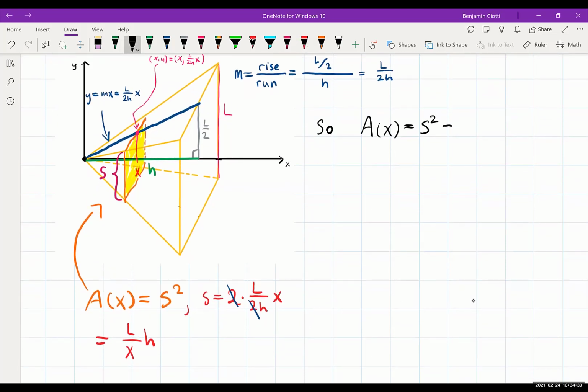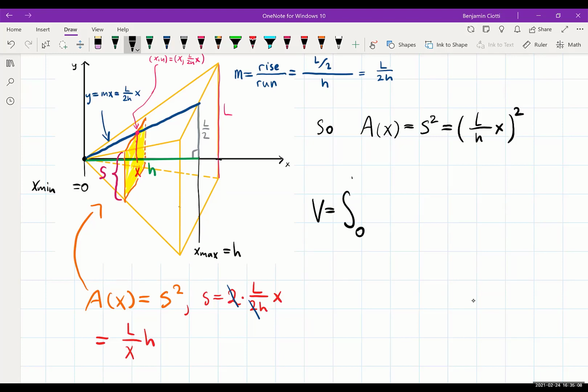And my cross-sectional area will be L over h times x, quantity squared. And my volume, let's see, we extend starting at a minimum value of 0, extending to a maximum value of h.